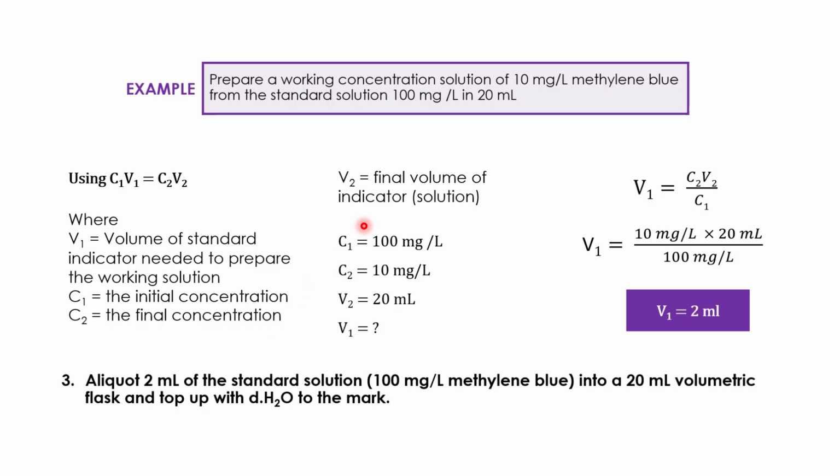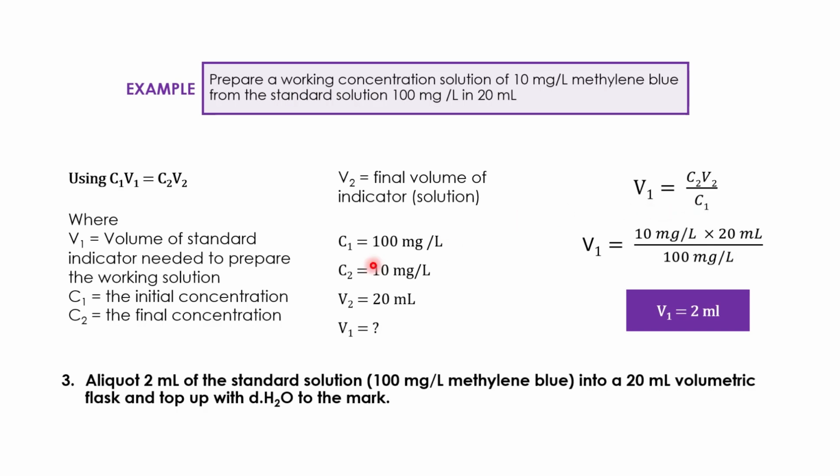So from the question, we can see that our C1 is 100 milligrams per liter, C2 is 10 milligrams per liter, our V2 is 20 ml. So we have to look for our V1. If you make V1 the subject of this equation, you get V1 equals C2V2 divided by C1.